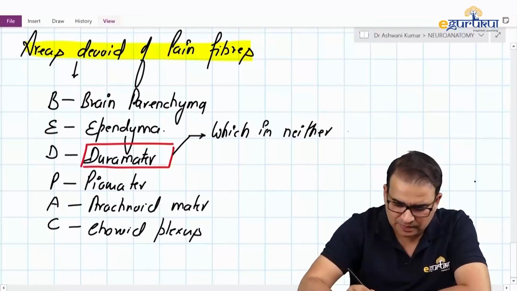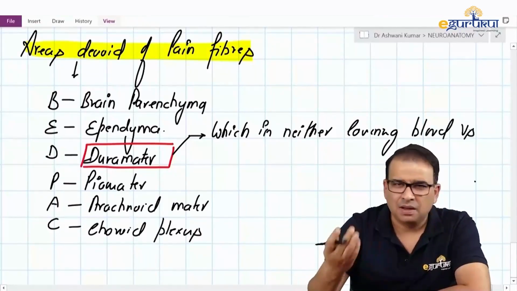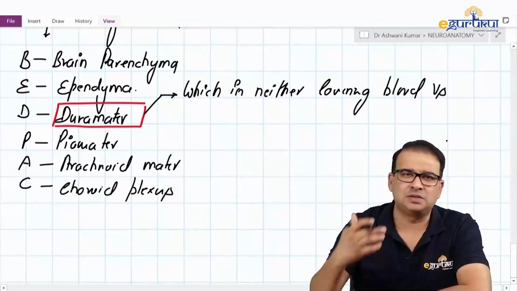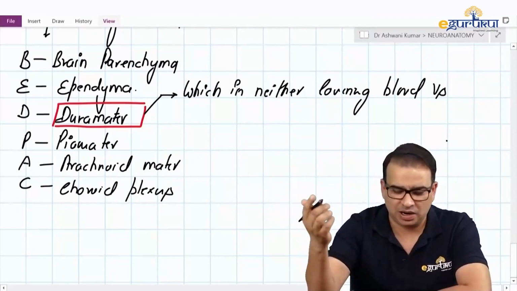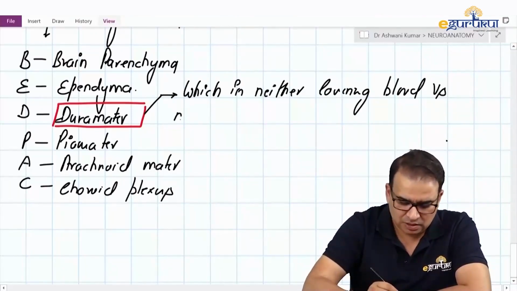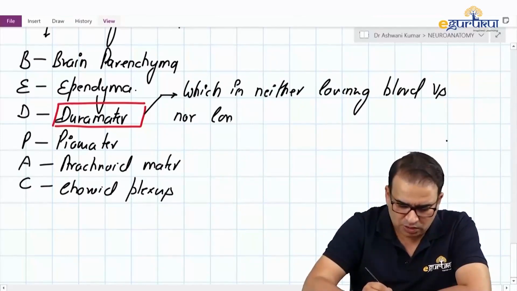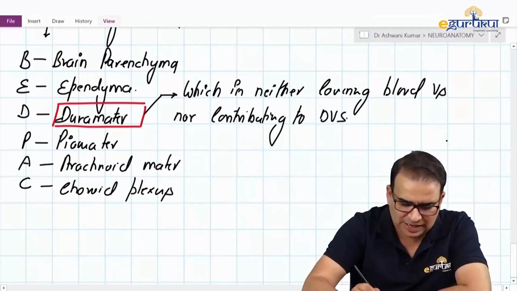So the area of dura which is devoid of pain fiber is the dura mater which is neither covering a blood vessel, like the middle meningeal artery, some branches of the internal carotid artery, or the accessory meningeal artery, nor contributing to a dural venous sinus.